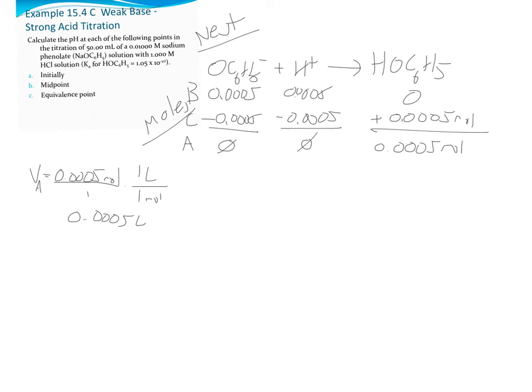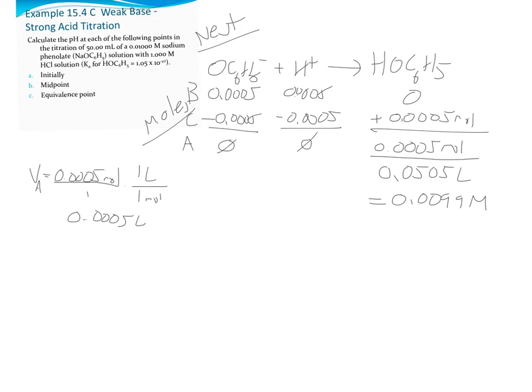So we add that half a milliliter to our 50 milliliters of the phenolate, and we get 50.5 milliliters, so 0.0505 liters. And our molarity here is 0.0099 of our acid.